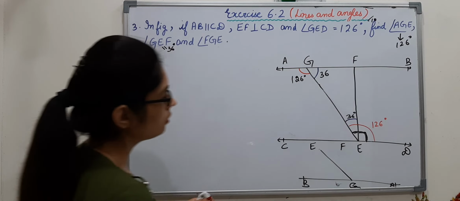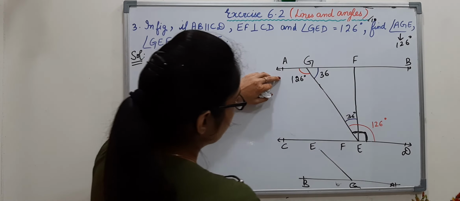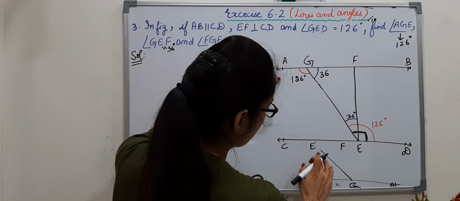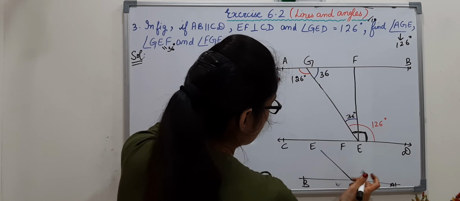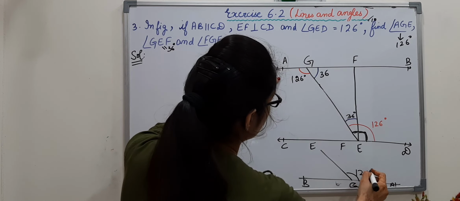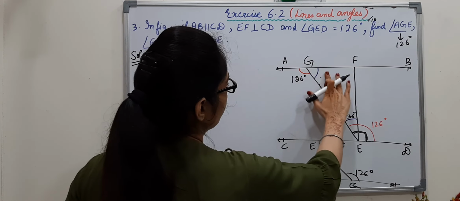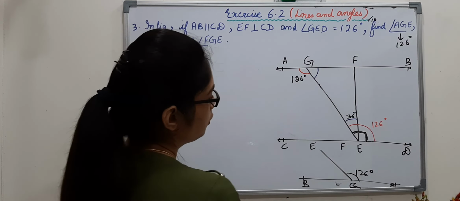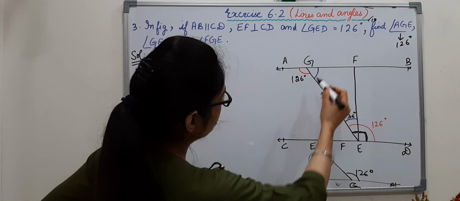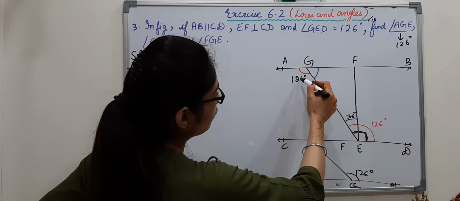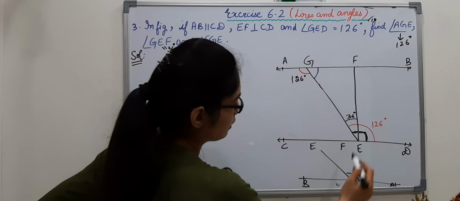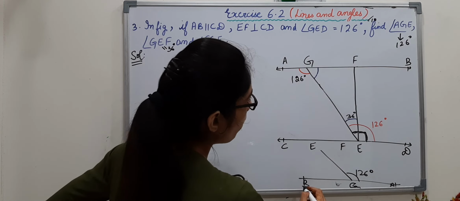So like this it will become. One angle is AGE, this one is equal to 126 degrees, and this we have to find. So the other one, AGE, is equal to 126 degrees, and this is FGE.